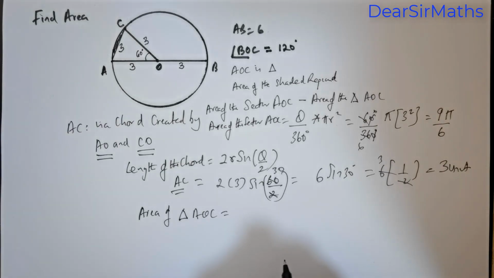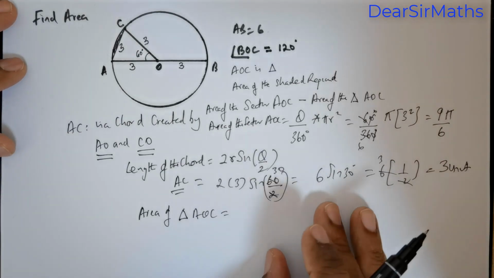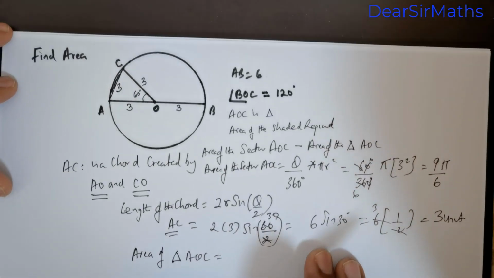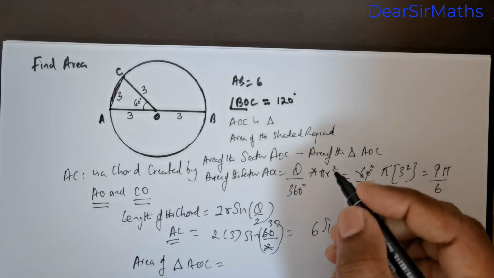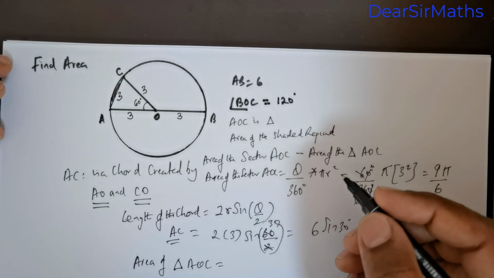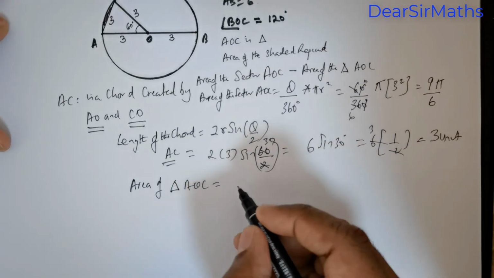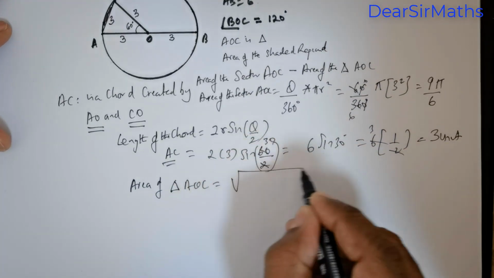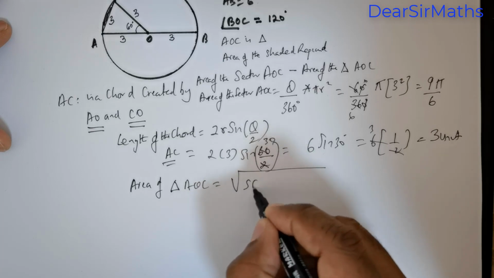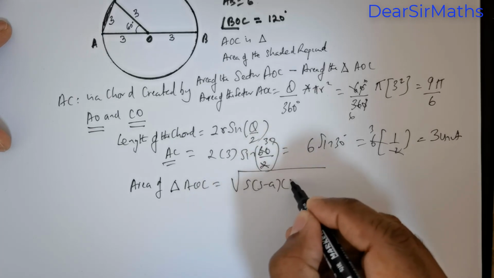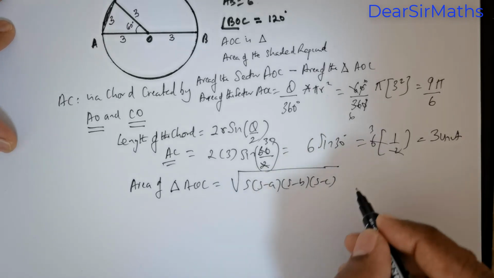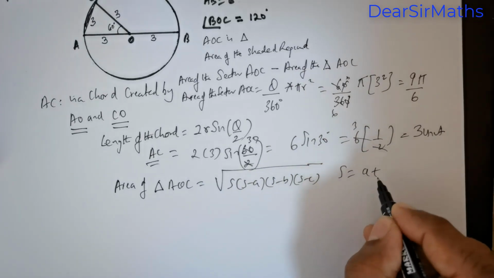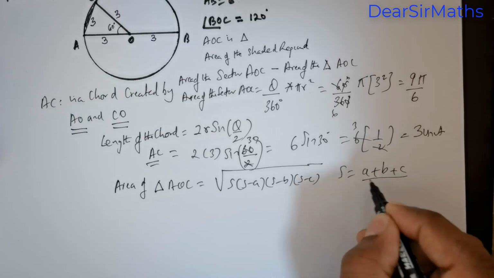Now, what we can do here is we can utilize Heron's formula. If we were to utilize Heron's formula, the formula is going to be square root of s into s minus a times s minus b times s minus c. So that would be the formula, where s is equal to a plus b plus c divided by 2.